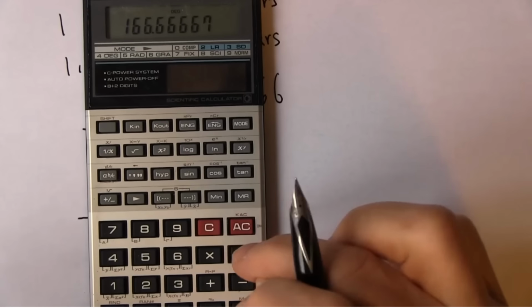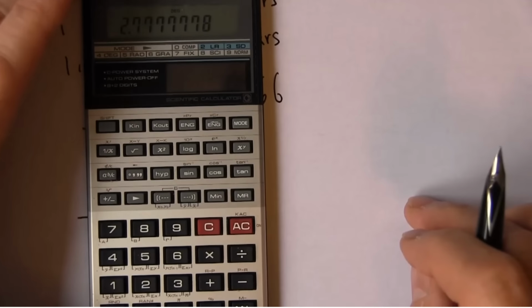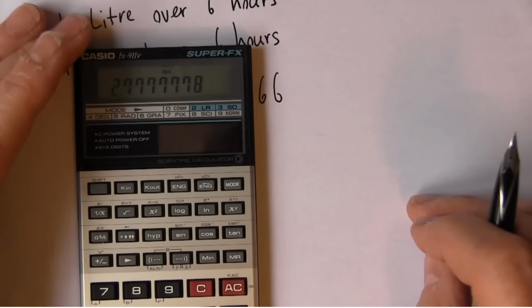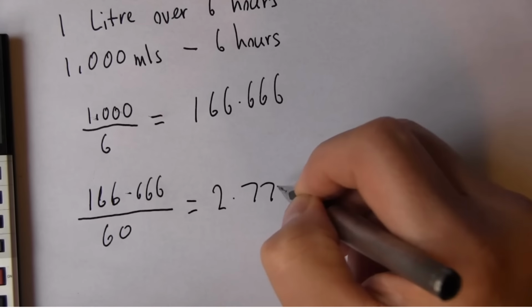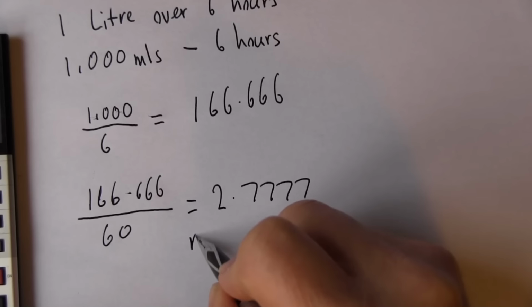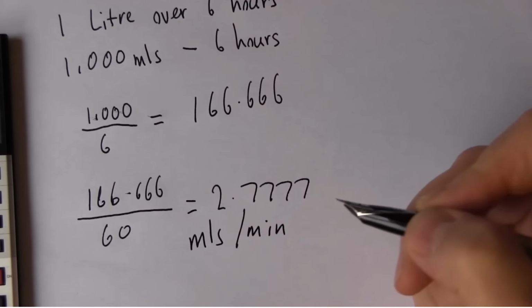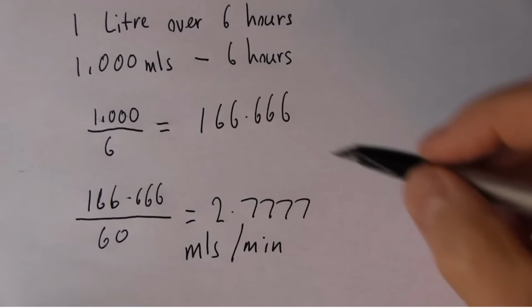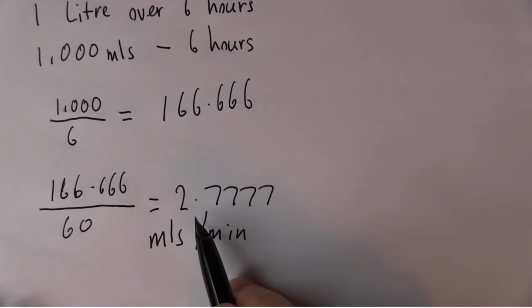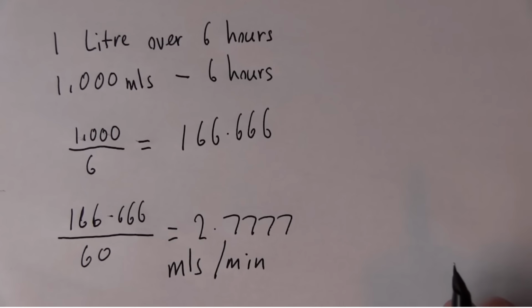So we have that figure in there already. We go divided by 60 equals, so that's going to take it down to mils per minute now, and that is 2.7777 mils per minute. So in order to give the litre of Hartmann's over 6 hours, we would need to give 2.777 mils per minute.